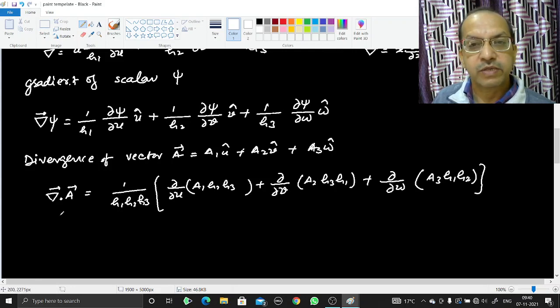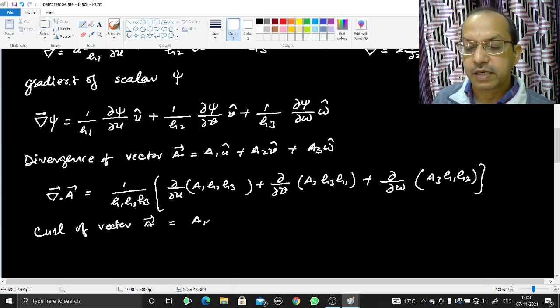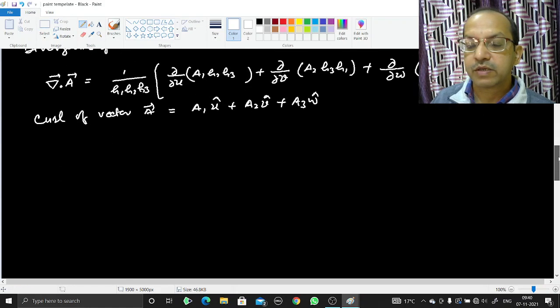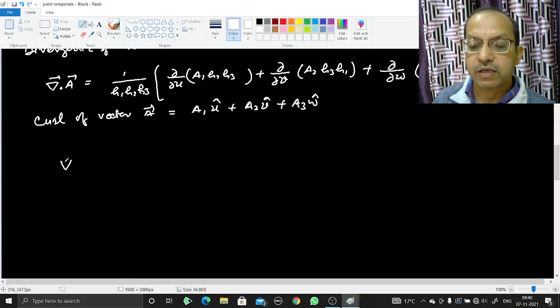Now we will write the expression for curl. Curl of vector A, that is the vector A1 u cap plus A2 v cap plus A3 w cap. So curl of A equal to how much?